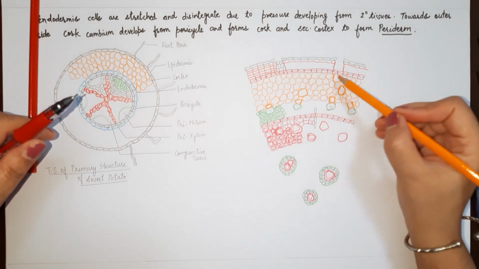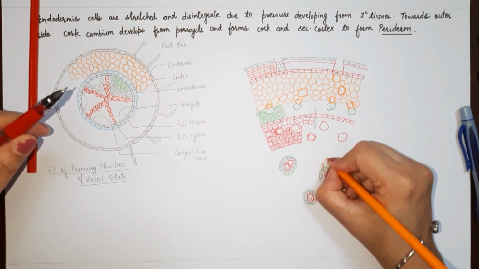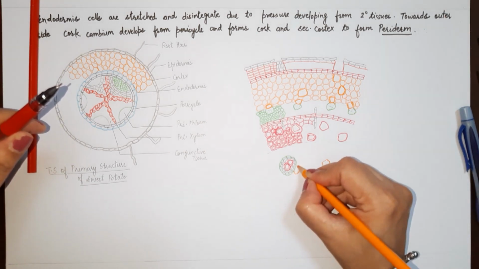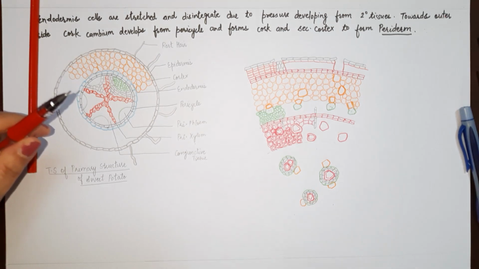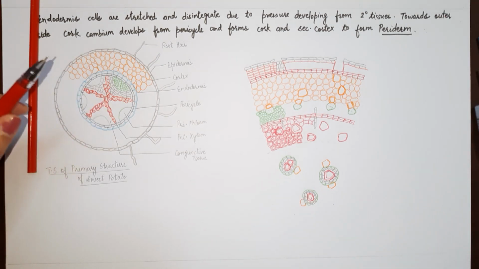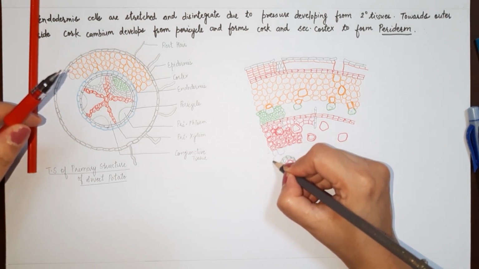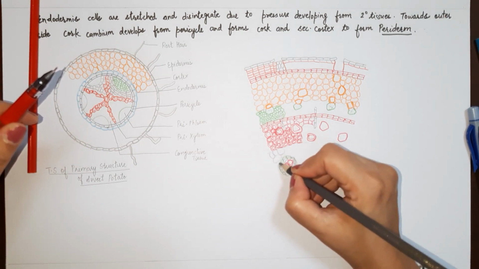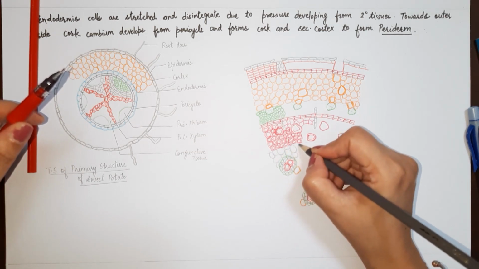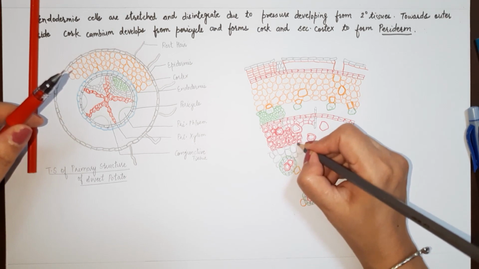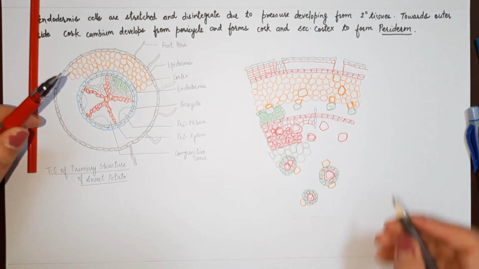Here also we show latex canals, so in this also you can make few latex canals adjoining phloem. Now rest of the part is all storage parenchyma. So in this region again you can show polygonal cells or circular and oval cells. So fill the space, mark some line for the initial one.